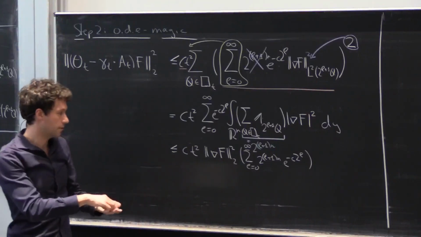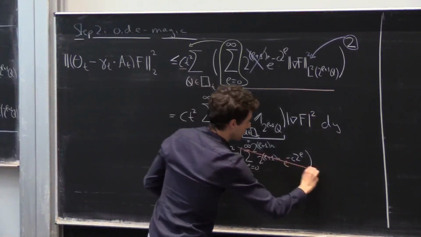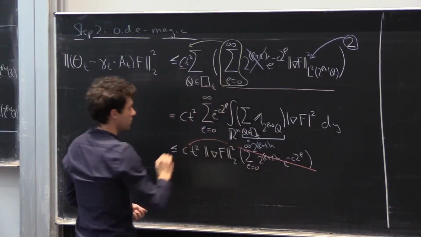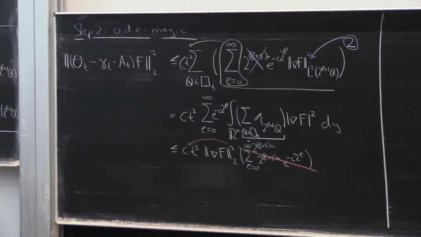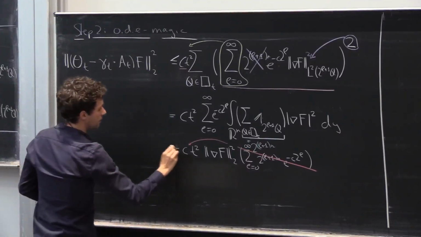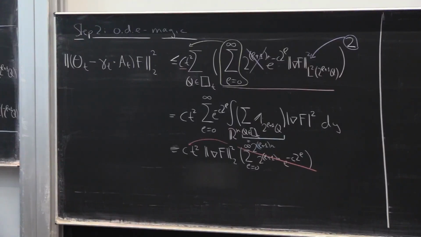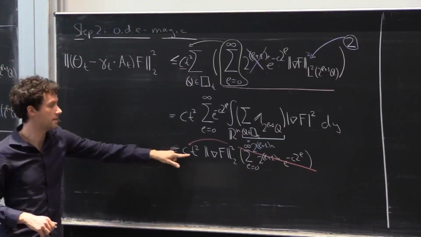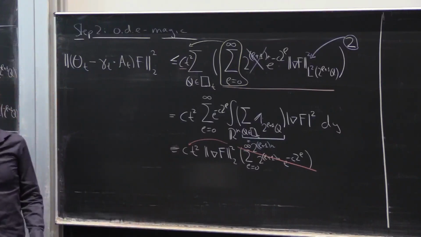It's a convergent series as before. So I can just throw it into the constant. Okay? And then you have it. That's it. That's the global estimate. This guy squared is bounded by c t squared times the L2 norm of the gradient.